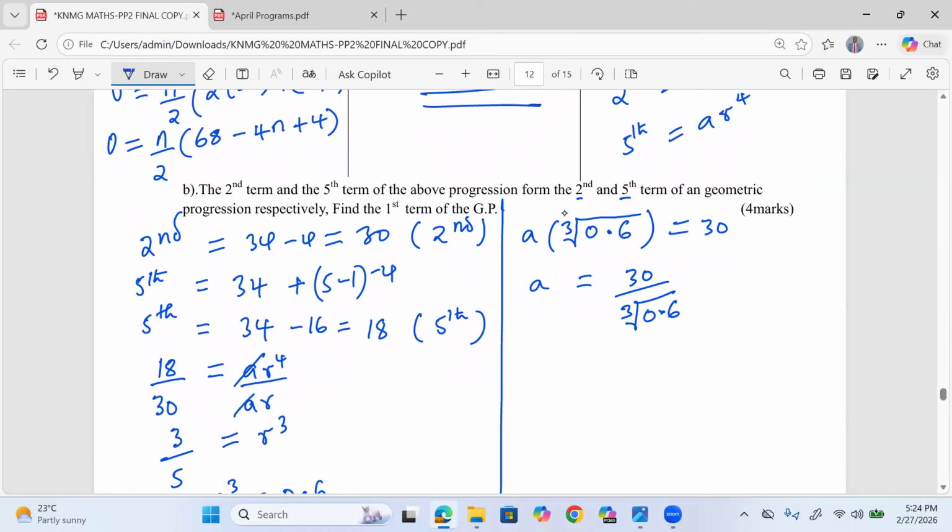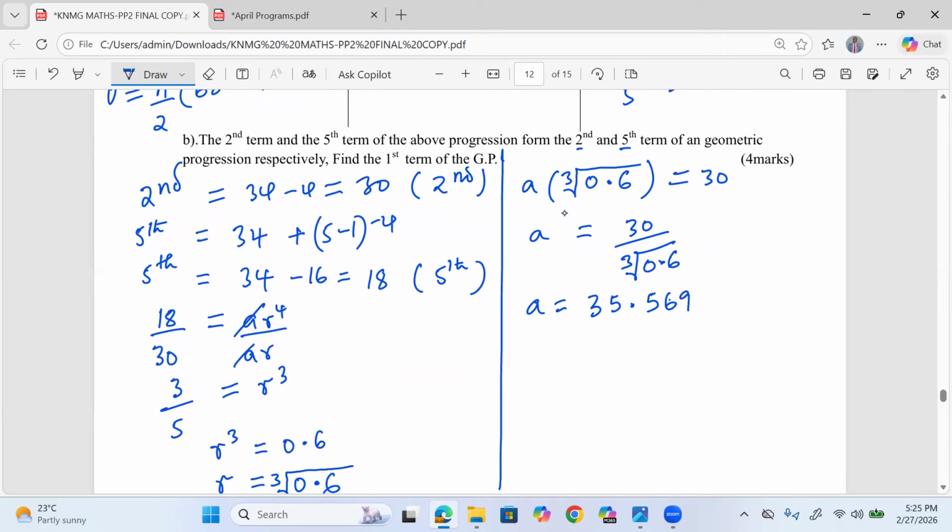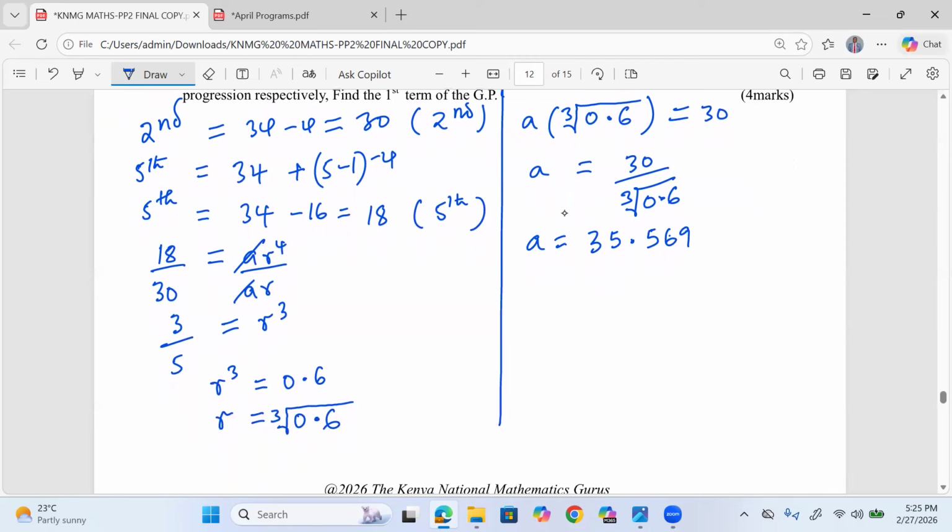So I take 30 and divide by the cube root of 0.6, and I'm getting exactly the first term is 35.569, to 3 decimal places. That becomes our first term.